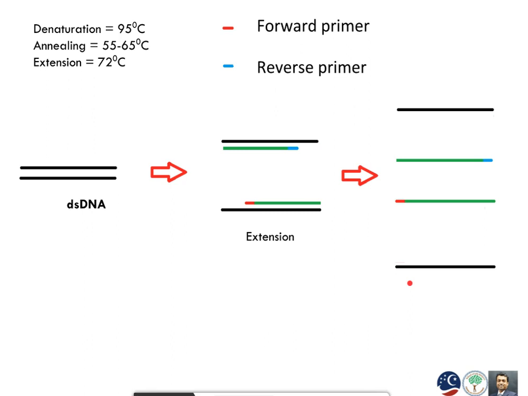The next step, obviously the annealing step, where the primers are going to bind one after another, the forward primer, the reverse primer. So this is the annealing step. Then again the next temperature cycle is the extension. See, the extensions are happening.